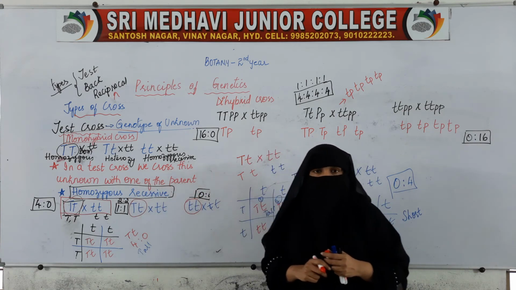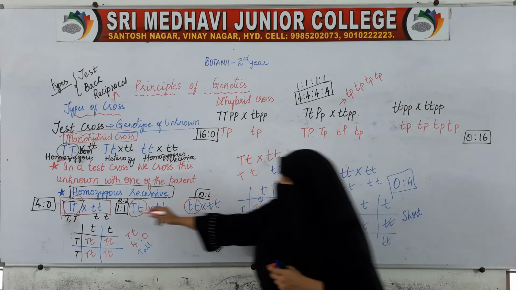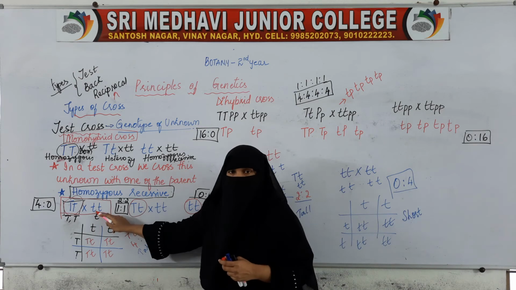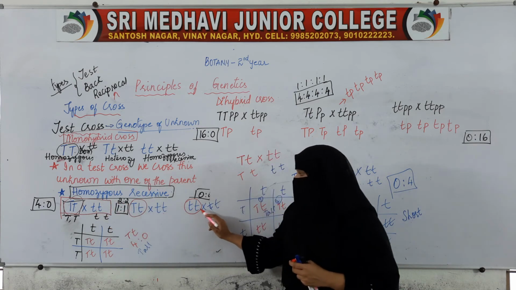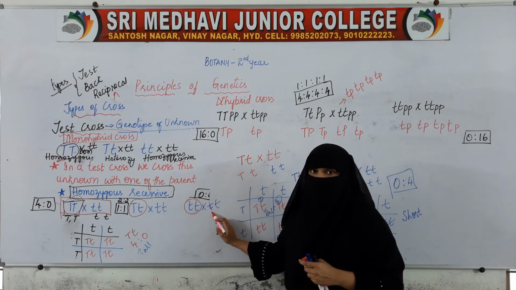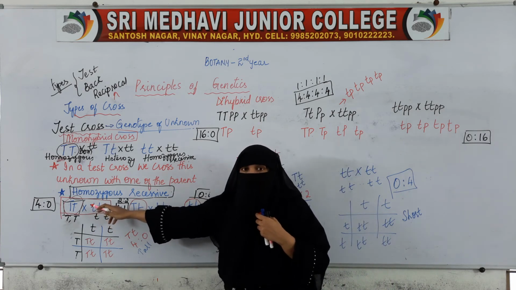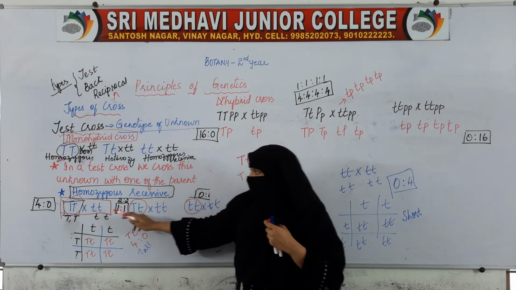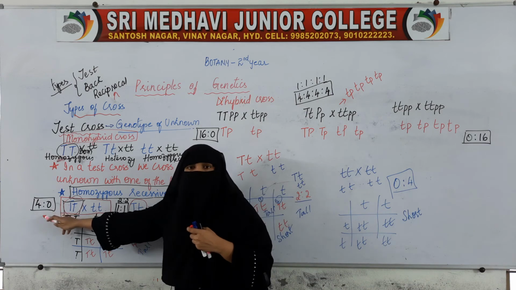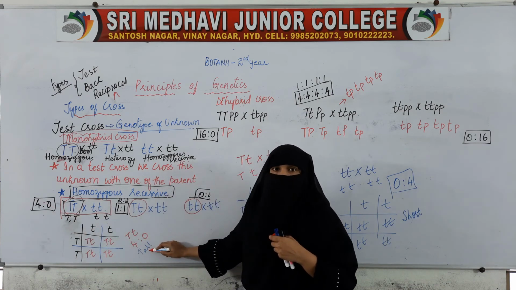We have to cross them with homozygous recessive. So here we are crossing this with homozygous recessive, this also with homozygous recessive, and this also with homozygous recessive. When we cross the homozygous dominant with homozygous recessive, we get the ratio 4:0.